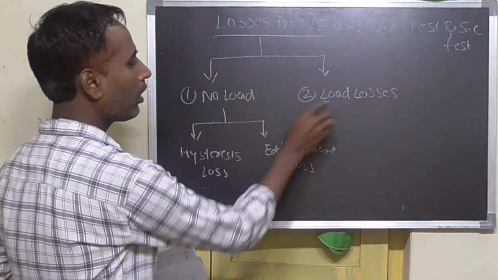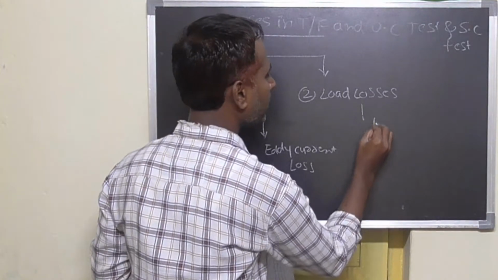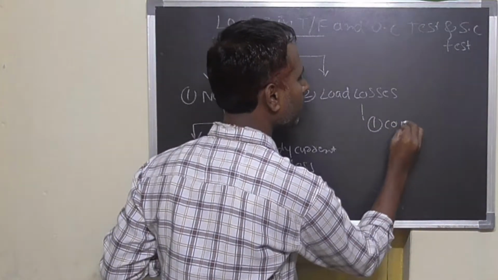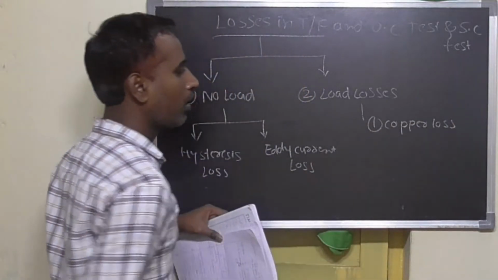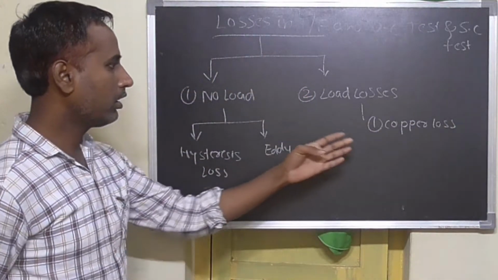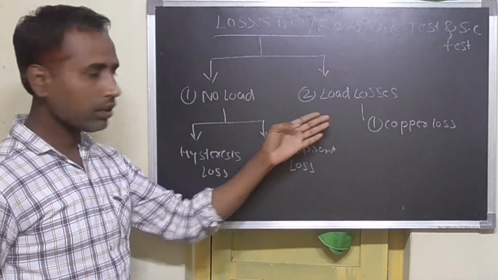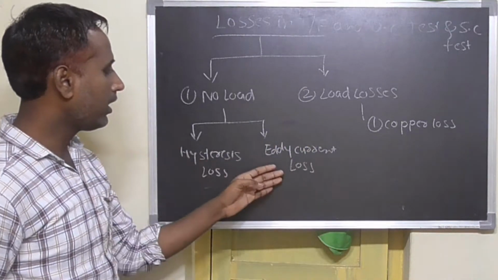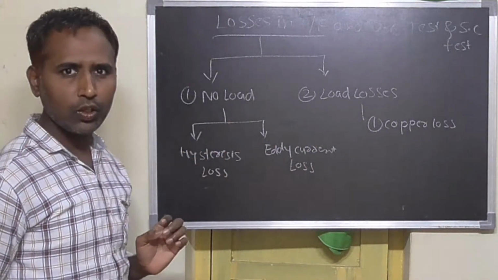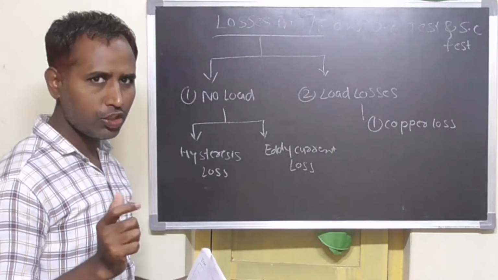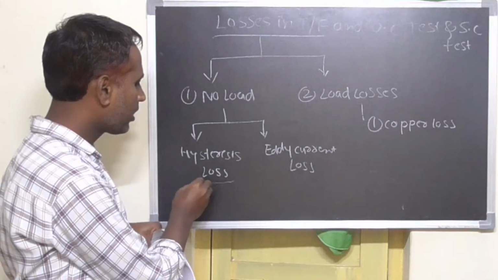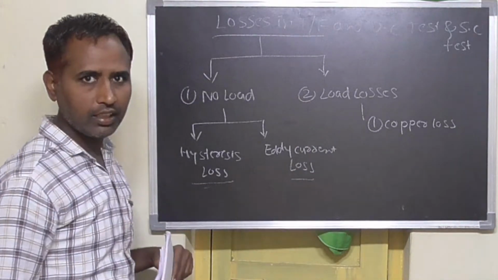In load losses there is only one loss, that is copper loss. So copper loss occurs in the load losses, and hysteresis loss and eddy current loss come in the no load losses. I will tell you shortly what hysteresis loss and eddy current loss are.